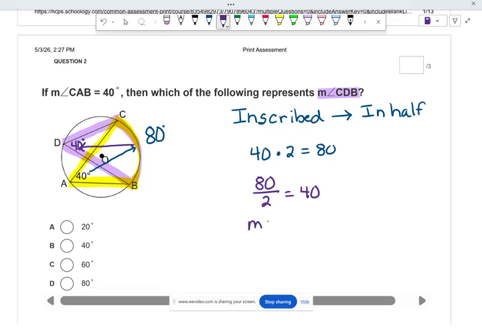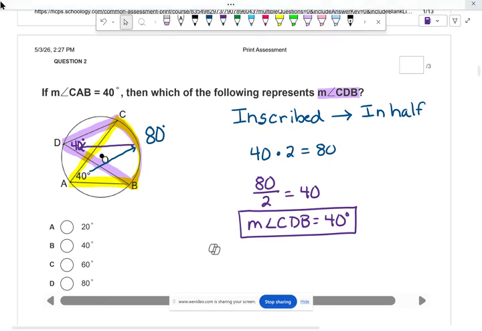So the measure of angle CDB is 40 degrees. Please remember to show your work to receive credit.